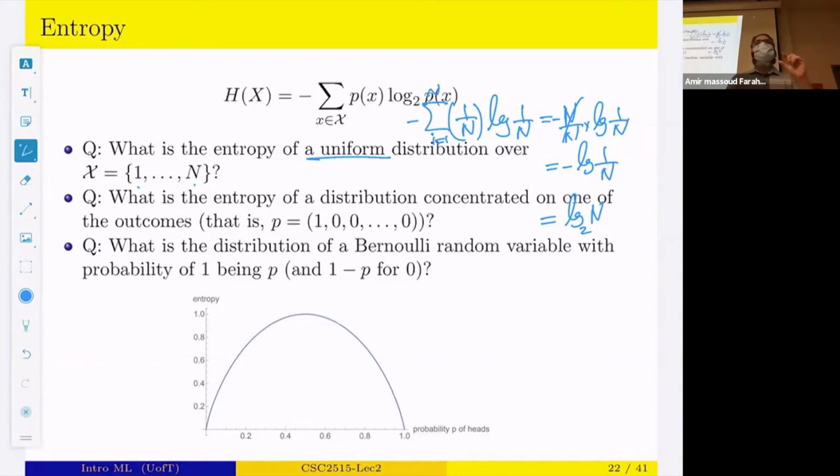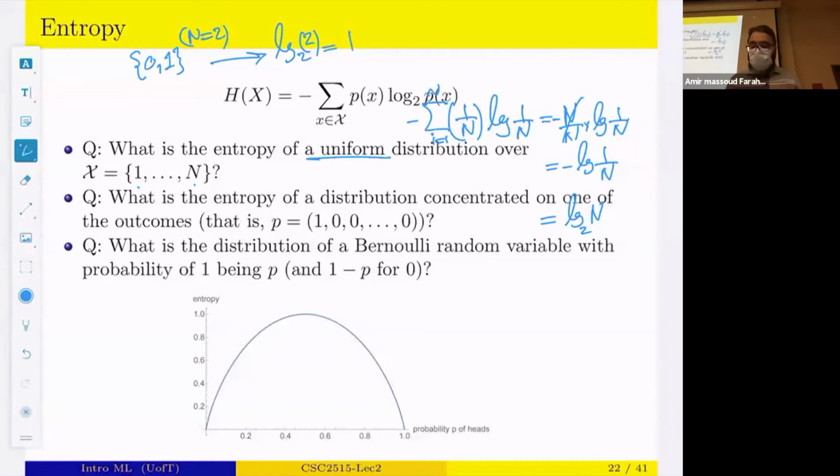If you have a random variable that can take 2 values, say N is equal to 2, the set is 1 and 2, then this computation shows that one uniform sample from these 2 possibilities gives 1 bit of information, as we had before. So that would be log of 2 in base 2, which is 1, right?